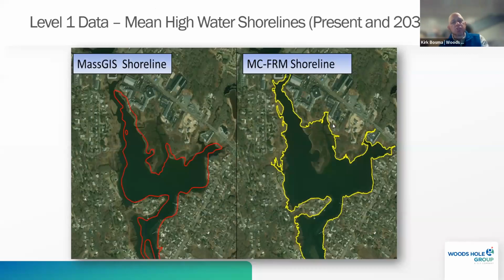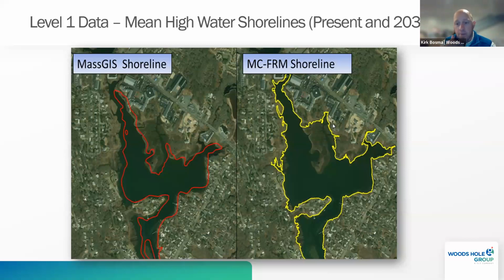I mentioned mean high water shorelines. Again, we just have present day and 2030 available right now. These come right out from the model. So the actual tidal benchmarks that we get, we then take those and we can get a shoreline that corresponds to the mean high water level given from the model, which provides a little bit more accurate shoreline than has been available in the past via digitization or other methods.